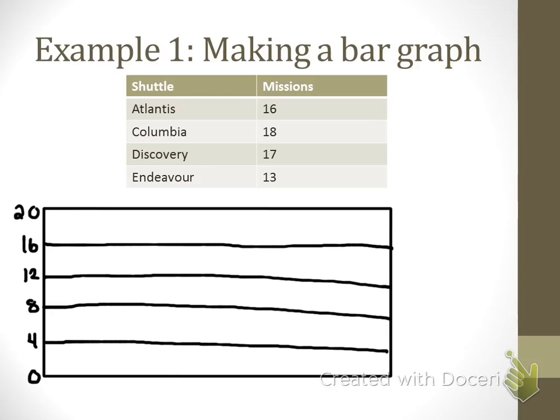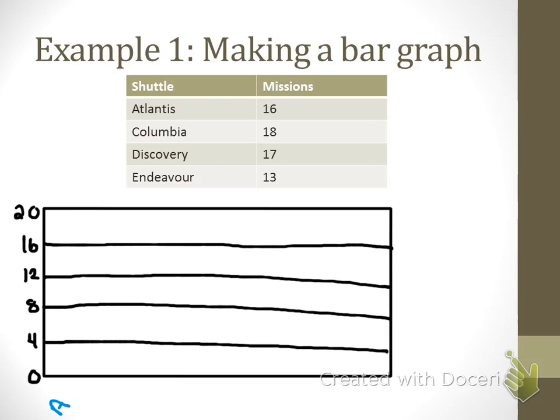Now, on the bottom, on the horizontal column, I'm going to have to abbreviate because I don't have much room, but I'm actually going to label each ship now. Yes, Justin? Quickly. All right, so I have the Atlantis. That's one of my shuttles.